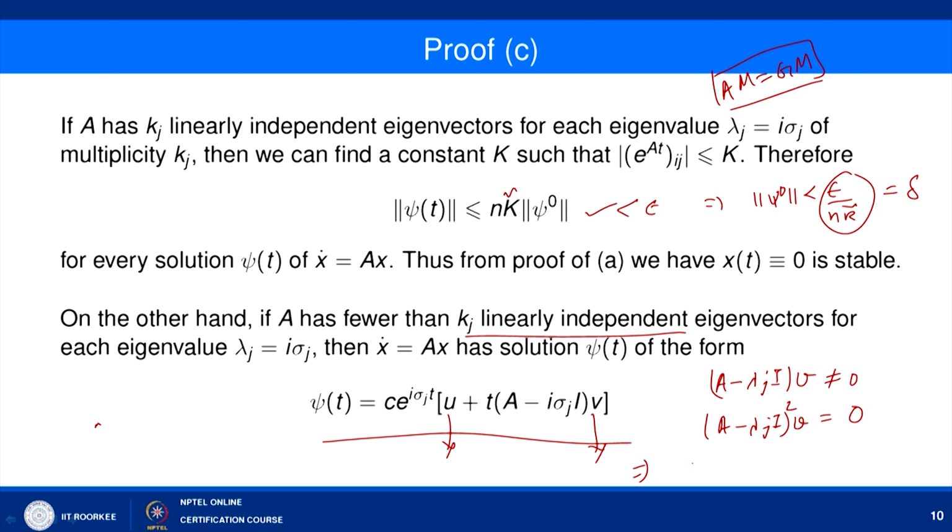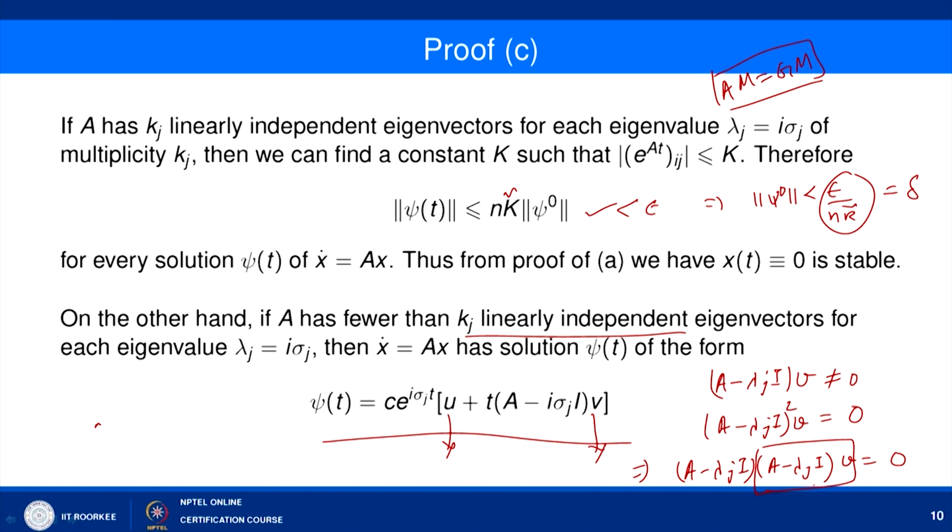Now, this I can write as (A minus lambda j I) into (A minus lambda j I) operating on v equal to 0. So I can say that this quantity (A minus lambda j I) v is a solution of (A minus lambda j I) equal to 0.